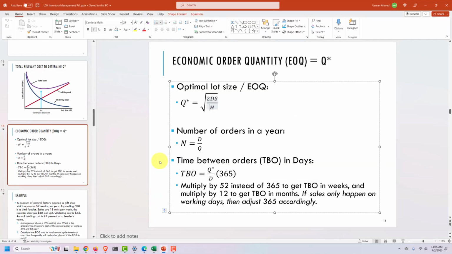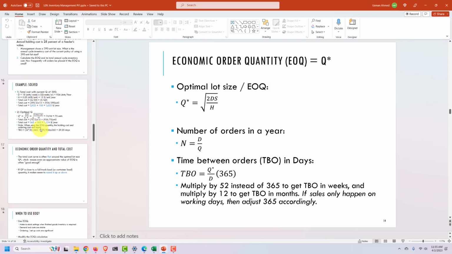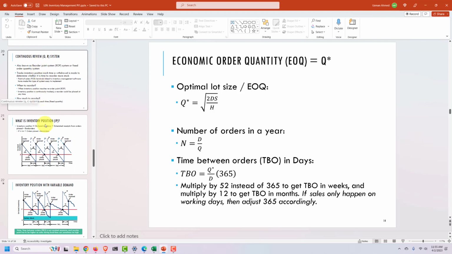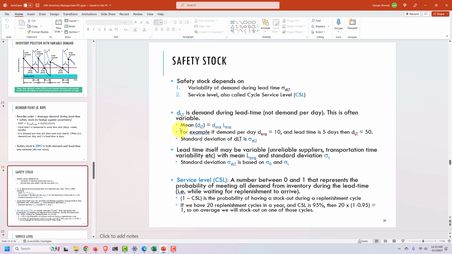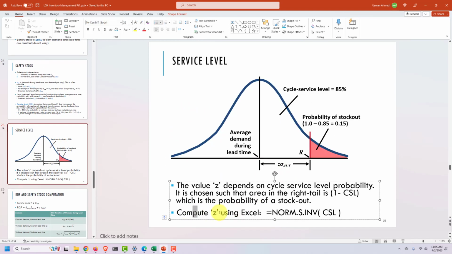And again, if you go back to your slides, when we talk about the QR system and the reorder point, you will see that I give you the formula to compute Z in Excel. How do you get the Z value?